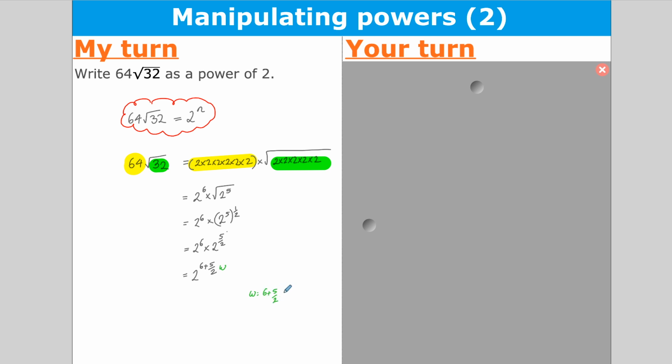I want to make the 6 over 2 as well. So that's really 6 over 1. If I want to make it over 2, I double top and bottom like that. And so what we get ourselves is 17 over 2. So our final answer, therefore, is 2 to the power of 17 over 2. 64 multiplied by root 32 is actually, as a power of 2, 2 to the power of 17 over 2.